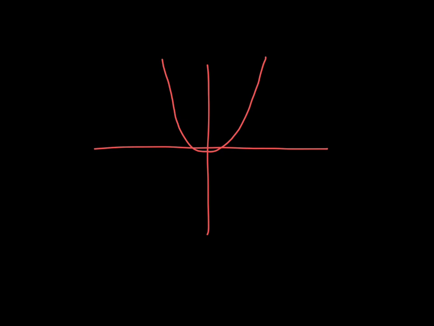I want you to sketch F prime. Think it through: the derivative that you're trying to draw is just the tangent slope at every point. These won't be a bunch of lines.